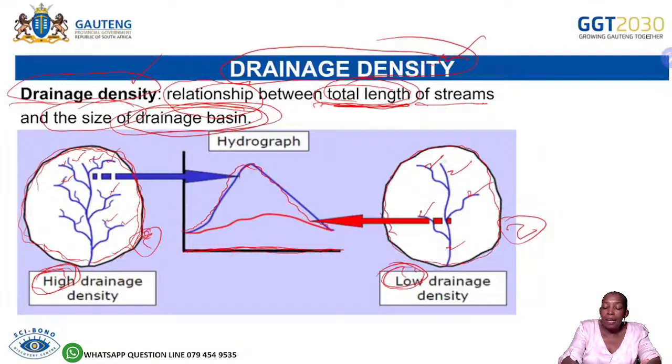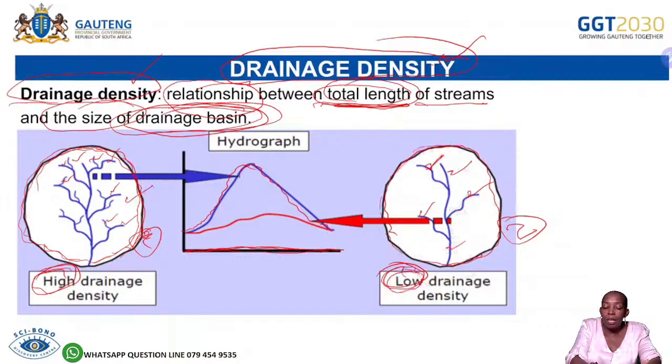However, the length of the streams that we can identify in this drainage basin is less. That makes the whole drainage basin have a low drainage density, because the total length of all these streams is far less than the one that we can identify here.